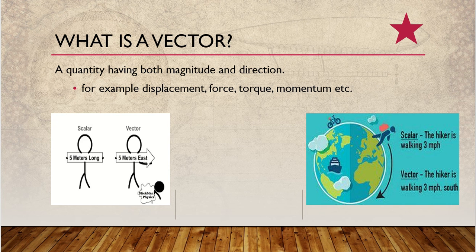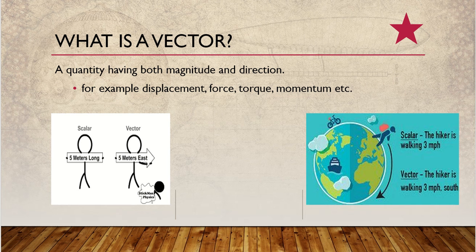In the second image, you can observe that the hiker is walking with a speed of 3 meter per hour. It becomes speed if the hiker does not have any particular direction. The speed is an example for scalar because speed is having only magnitude but no direction. This speed becomes velocity when the hiker is walking with a velocity of 3 meter per hour towards south.